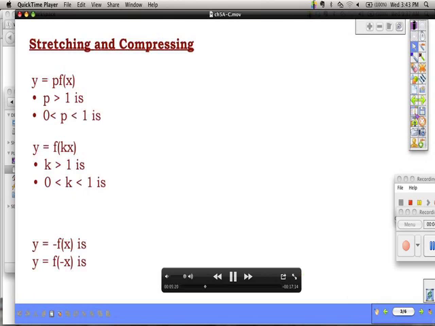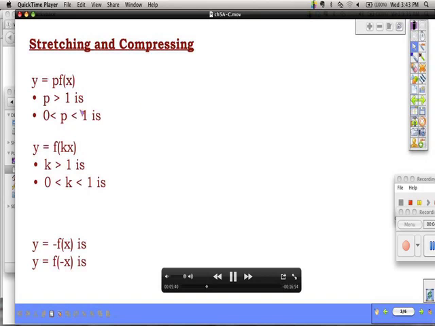With stretching and compressing, if we're multiplying the parent function by some constant p, if p is bigger than 1, what we end up with is a vertical stretch. We're getting taller.